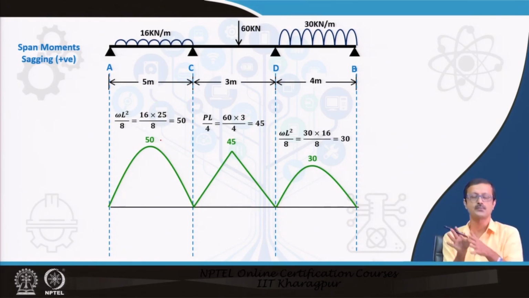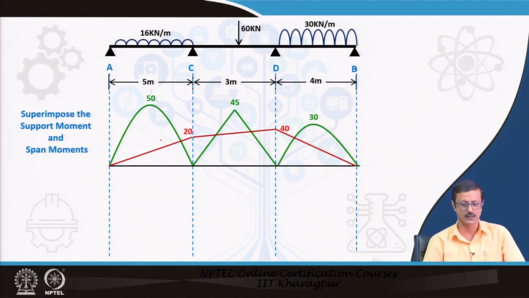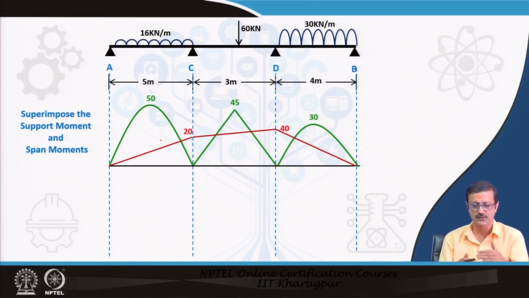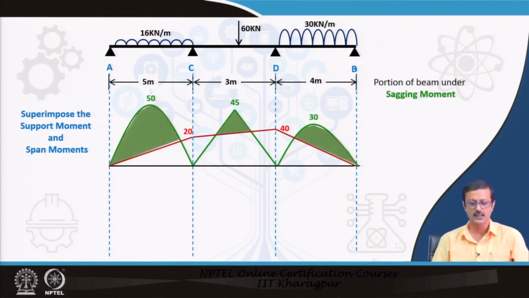Now, I have to superimpose these two. So, I have superimposed the support moment and the span moment. If you draw it to scale, there will be some ups and downs, some hills popping up and some valleys also. Here you see the green color, the part above the red, the support moment, is the positive bending moment diagram area.